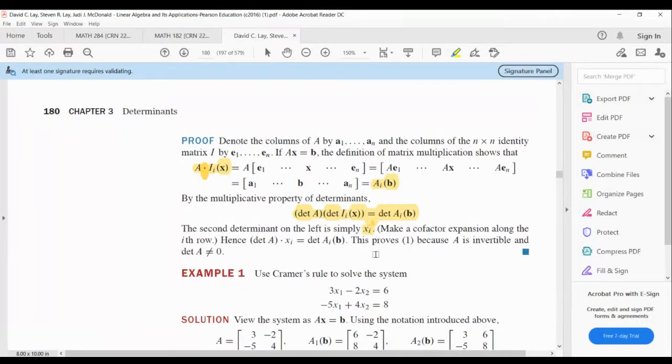So the determinant of I_i(x) equals x_i. And therefore, the determinant of A times x_i equals the determinant of A_i(b). And if you divide both sides by the determinant of A, you'll get Cramer's theorem: x_i equals the determinant of A_i(b) divided by the determinant of A.